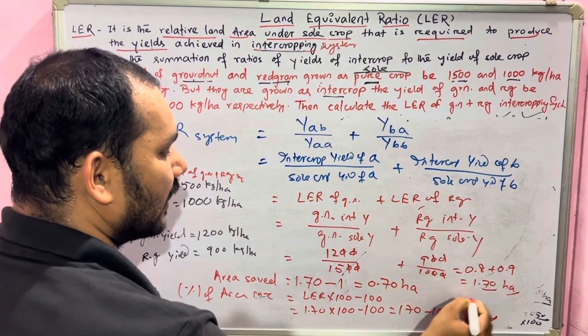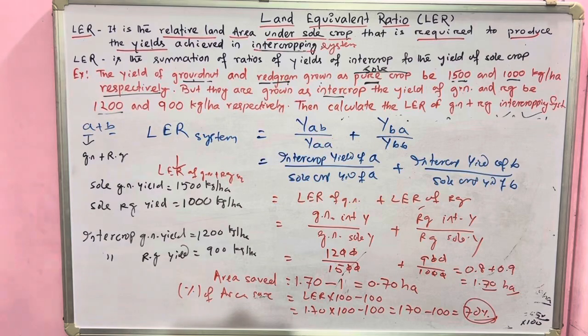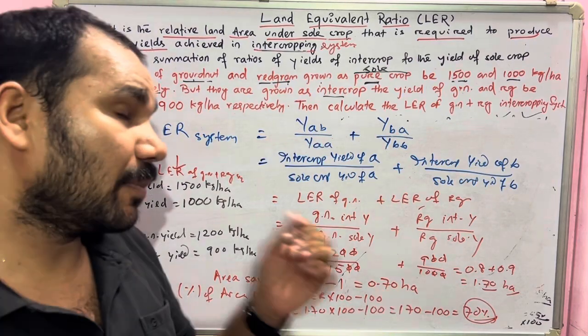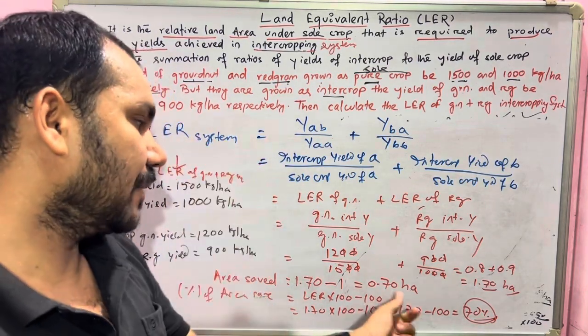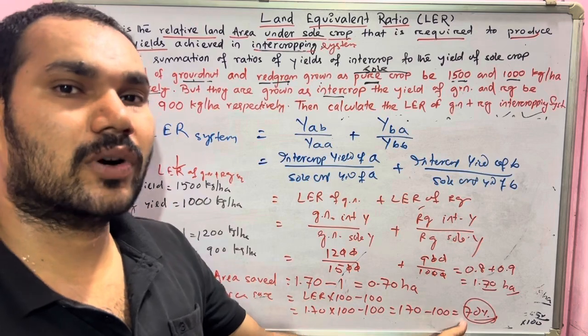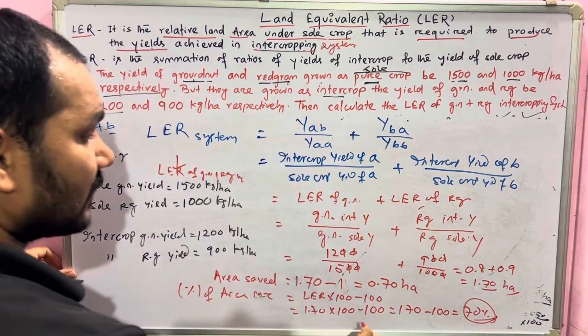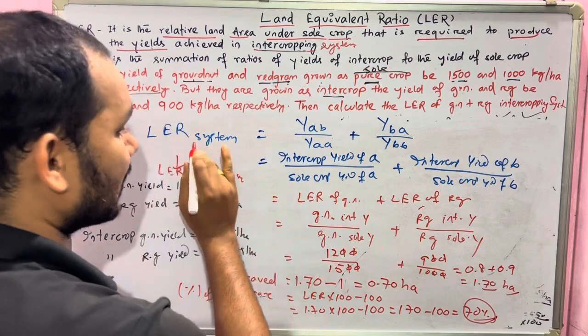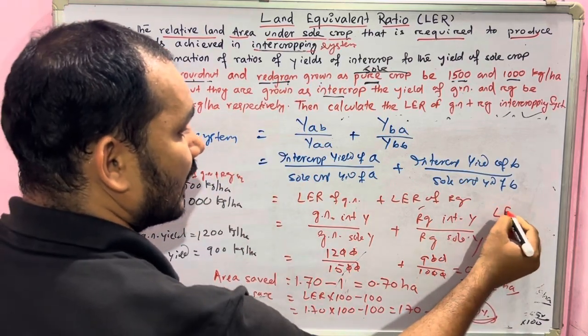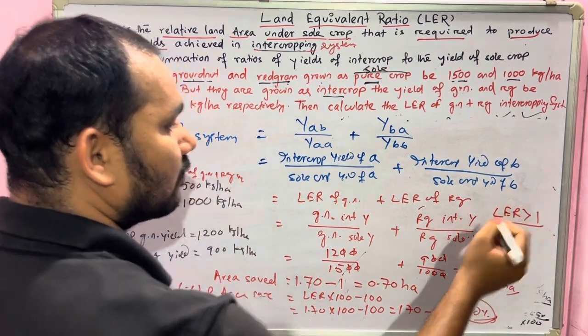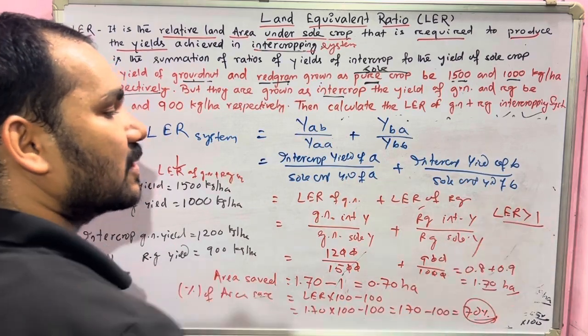So this 70% area, or 0.70 hectare of area, I am saving if I go for intercropping. And here the LER of the system is more than 1, yes or no? In this example, the LER value is more than 1.